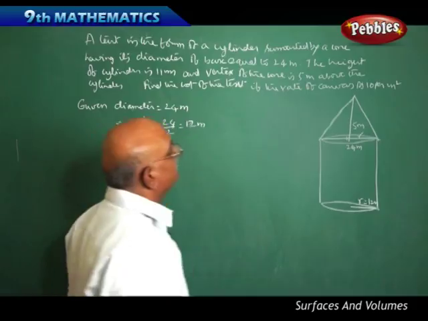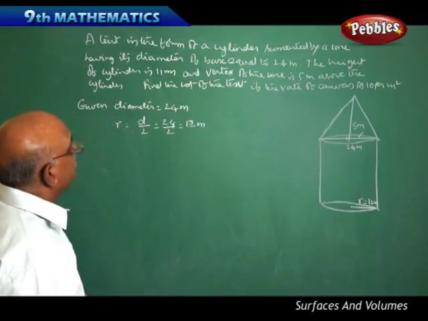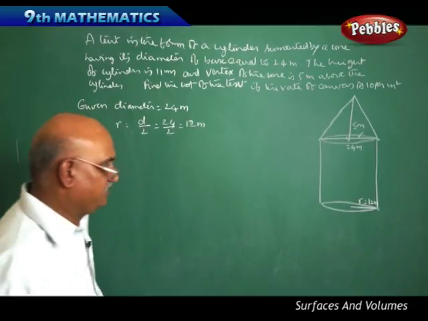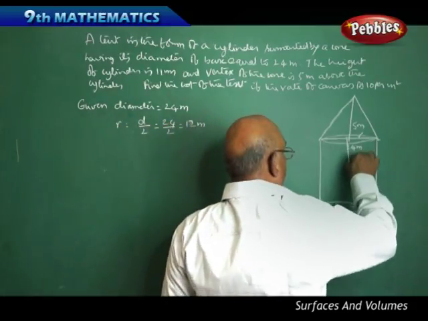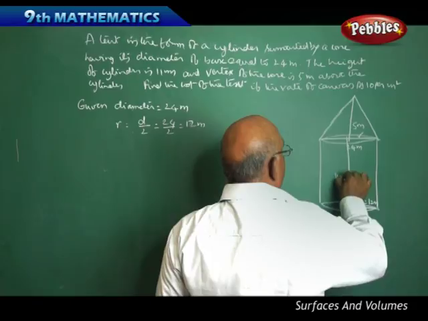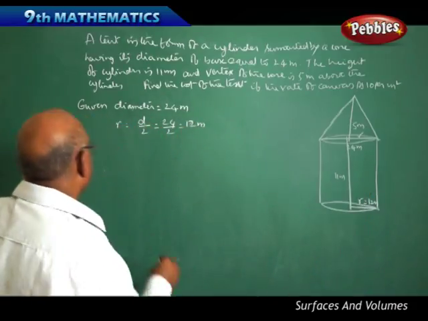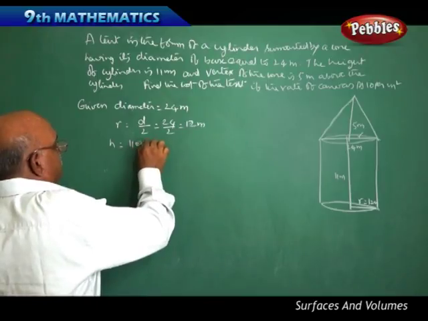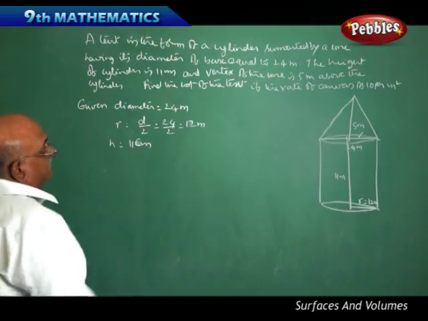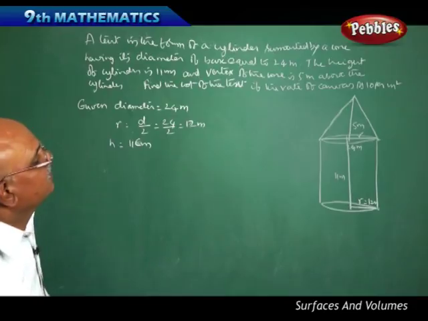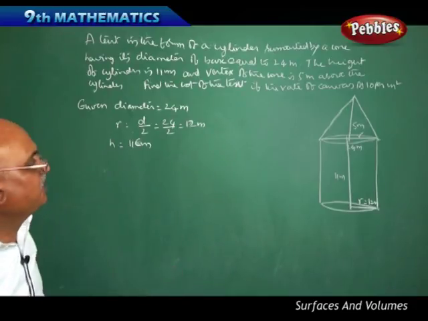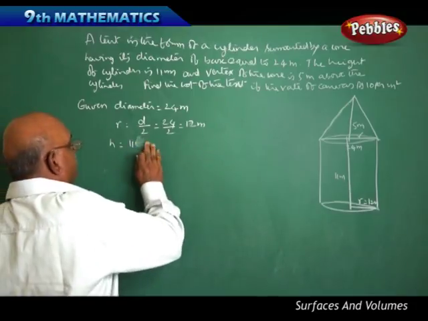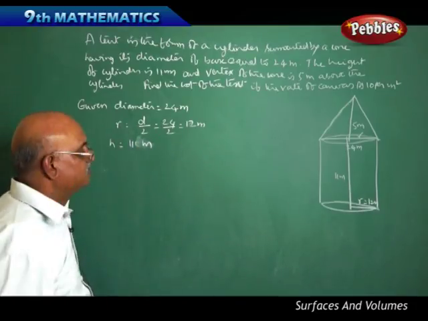The height of the cylinder is 11 meters here, given. Therefore height h is equal to 11 meters. Now the vertex is already 5 meters above, and the cylinder height is also going to be 11 meters.